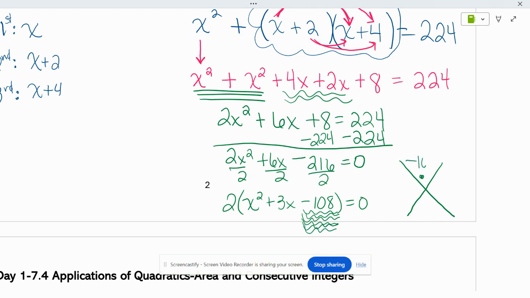Negative 108 that add up to 3. Good job. Okay, figure it out. 2 numbers that multiply to negative 108 that add up to a positive 3.